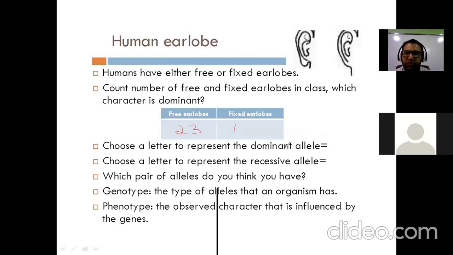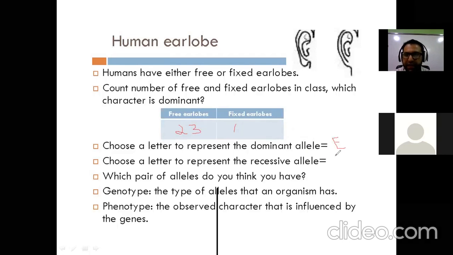So choose a letter to represent the dominant allele. It's my choice, but usually we use a capital letter. So for earlobes, capital E means free earlobe I will select, right? Is it clear? And for the recessive one, I will select small e.